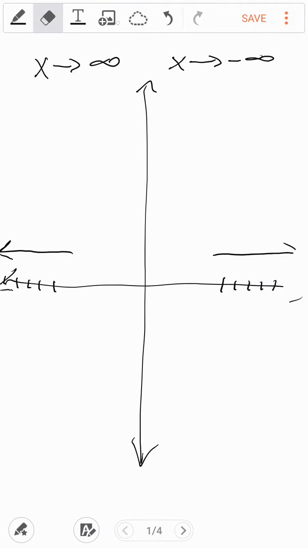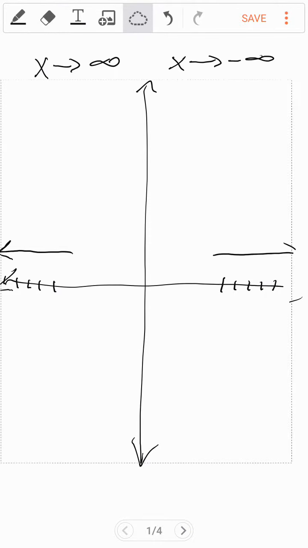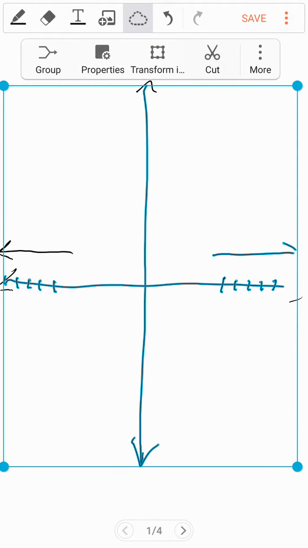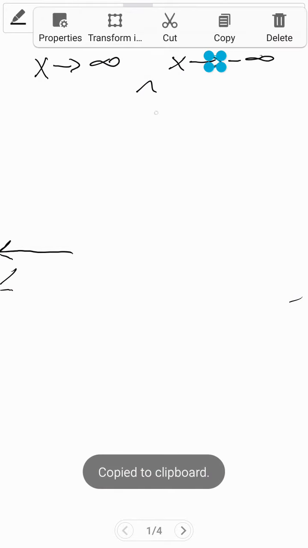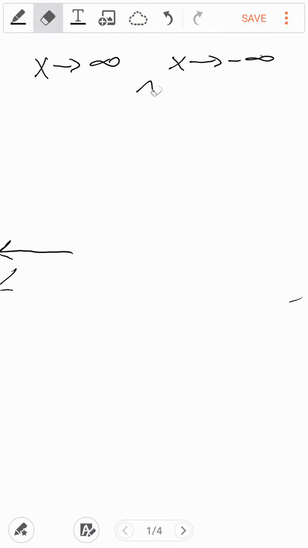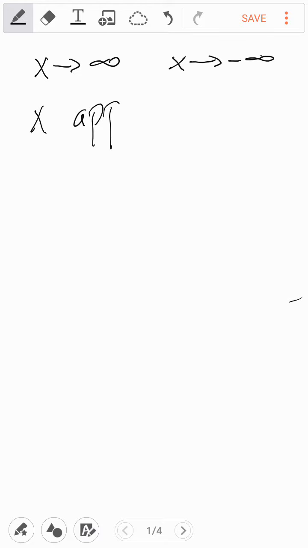So the first one, if I want to write this out, would say x approaches infinity.